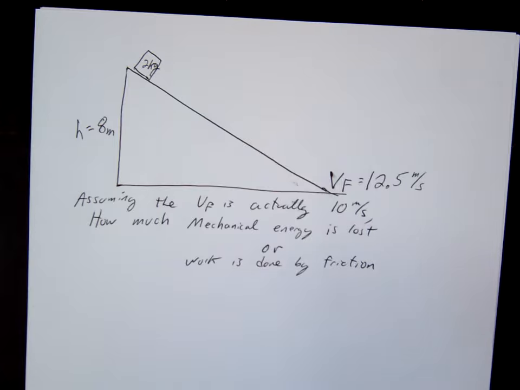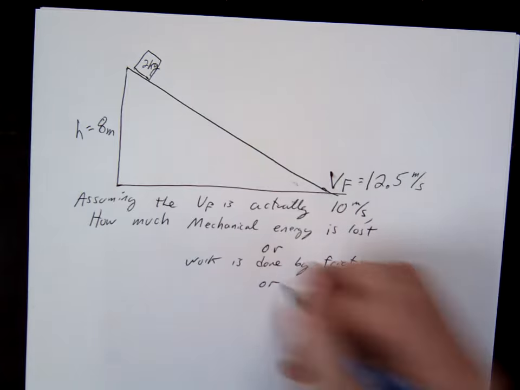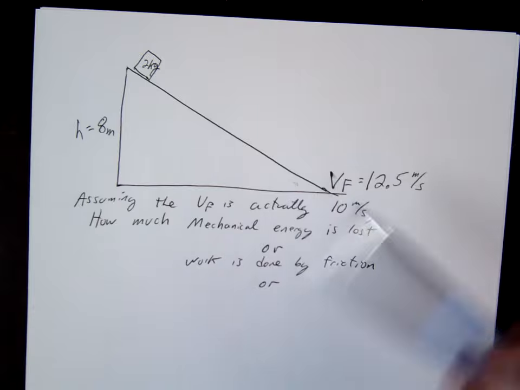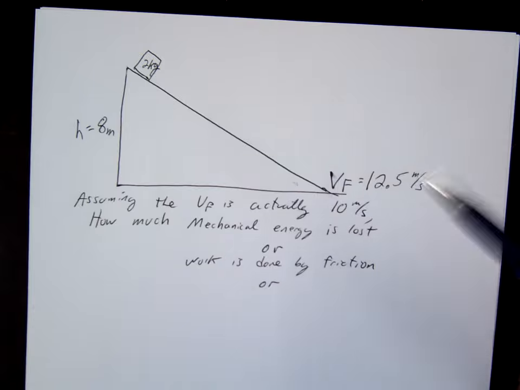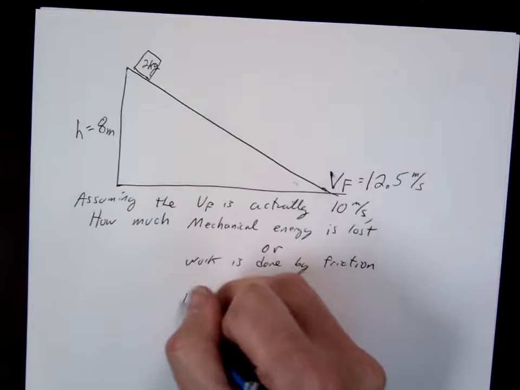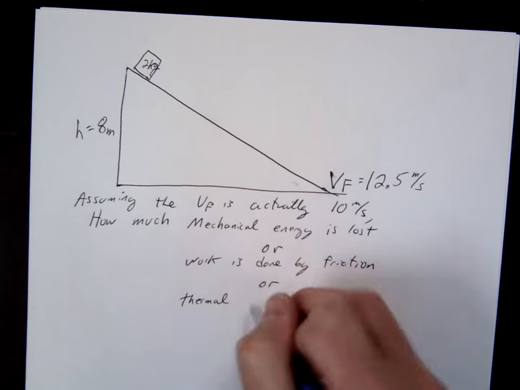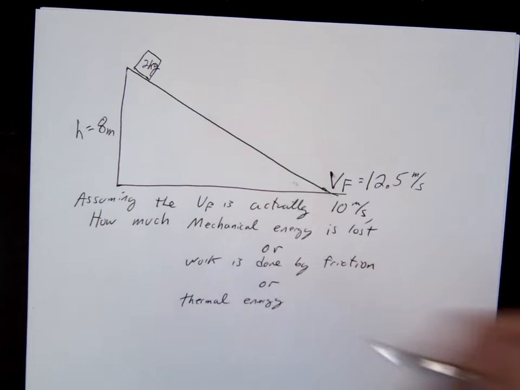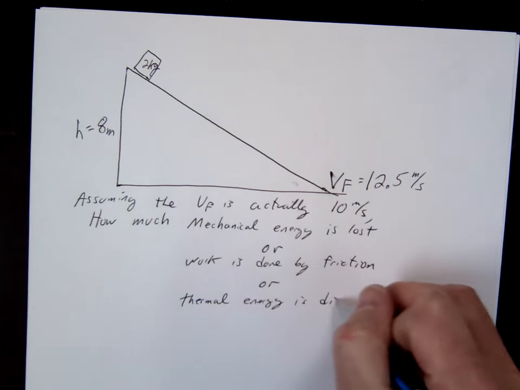Or another way I could ask this question is thinking about where the energy is actually going. So friction's doing work, but what's friction turning mechanical energy into? Into thermal energy, right? So another way I could ask this is how much thermal energy or heat energy is generated, or we often say dissipated.